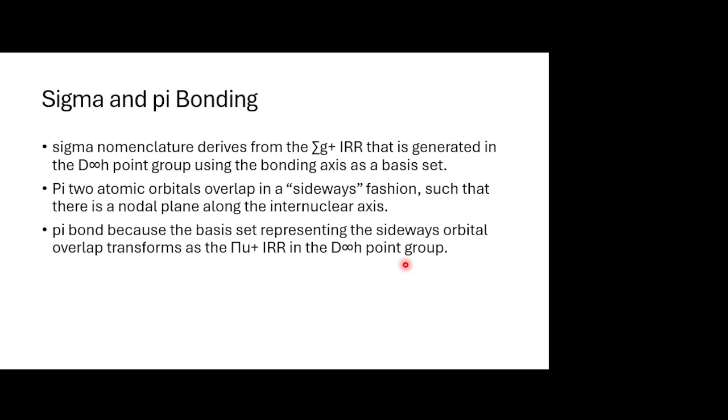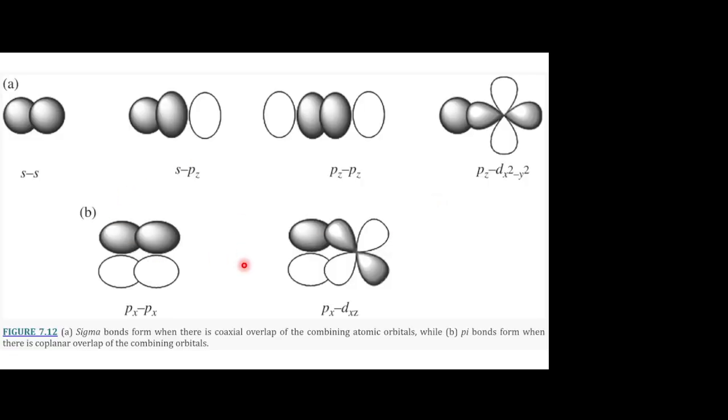And so the language for those came from the D infinity h point group, in which the pi bond is represented here by the pi u plus, and the sigma bond would be represented within the sigma g plus irreducible representation.